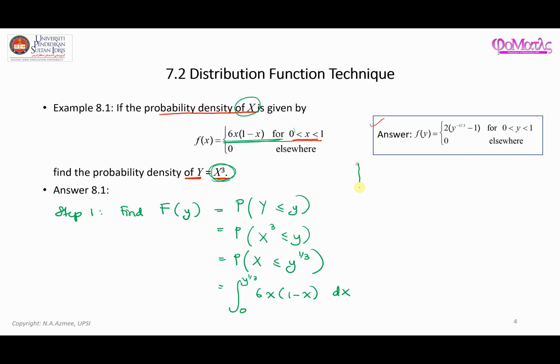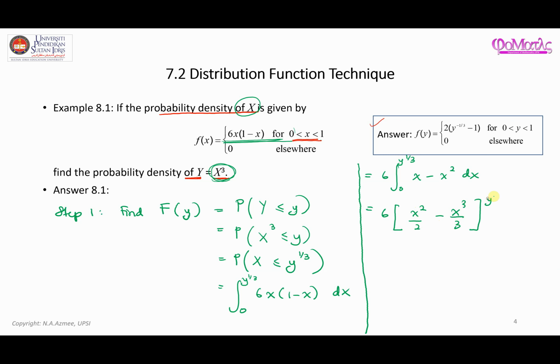Okay, so here 6 is a constant, we can take it out. Next we can expand this part, so it becomes x minus x squared dx, from 0 to y to the 1 over 3. This is quite an easy process, we can integrate that easily. So we get x squared over 2 minus x cubed over 3.